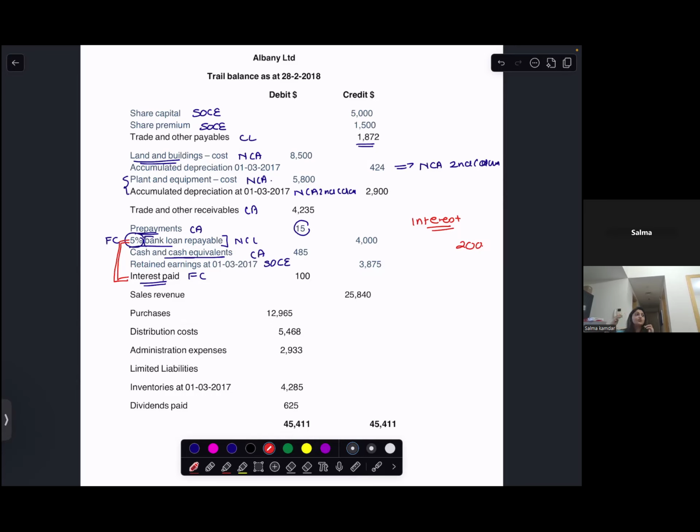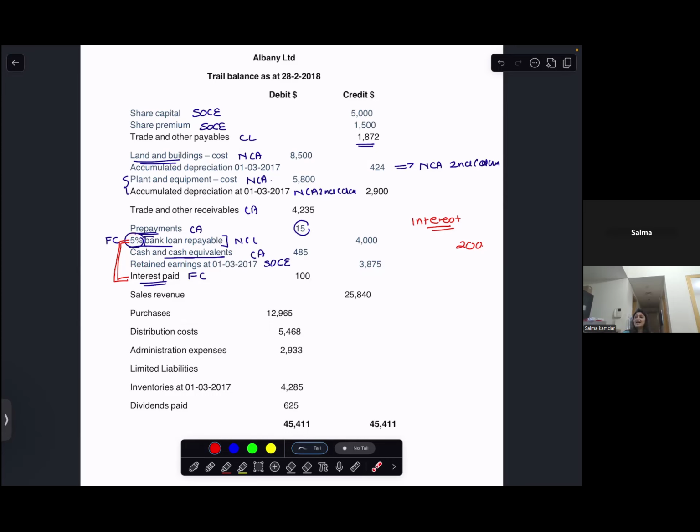This sequence should fall in your head. When you read, it should immediately strike you. When I say this bank loan, I have this 5%. Whenever there is a percentage, you should know that it is danger. Dangerous item. There is a hidden adjustment right inside it which is waiting to take away your marks. So I have this bank loan and I have 5%.